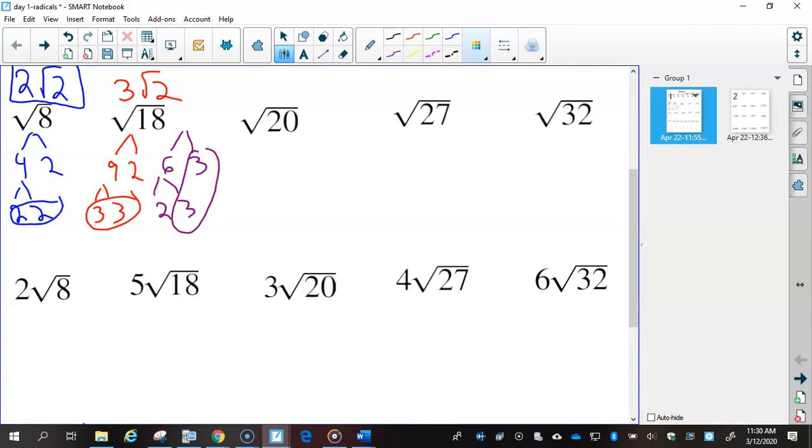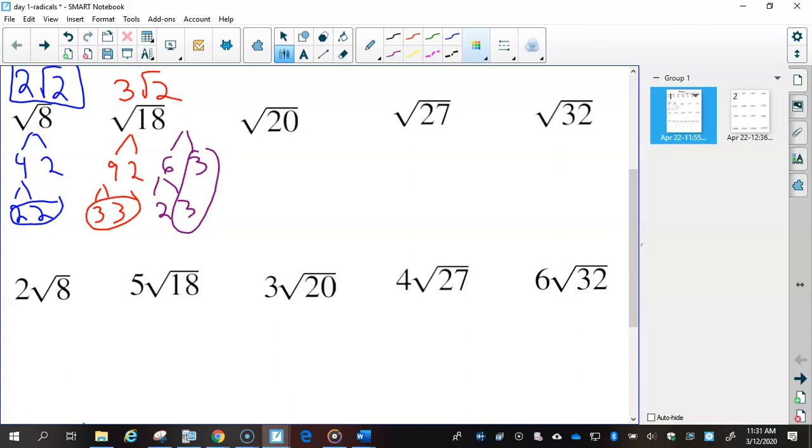Aiden, you had a question. What if you find one that doesn't have a pair? Like the number itself is prime? Yeah, maybe something like that. So like if you had the square root of 2, its factors are 2 and 1, and that doesn't simplify. So you could have a case like that.